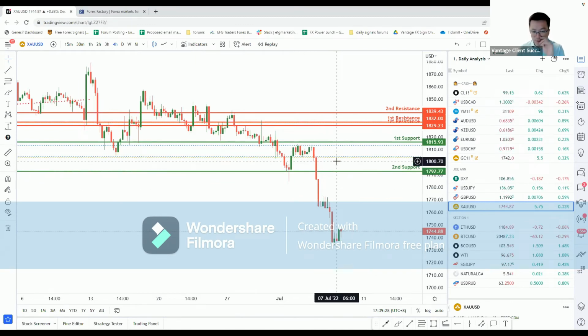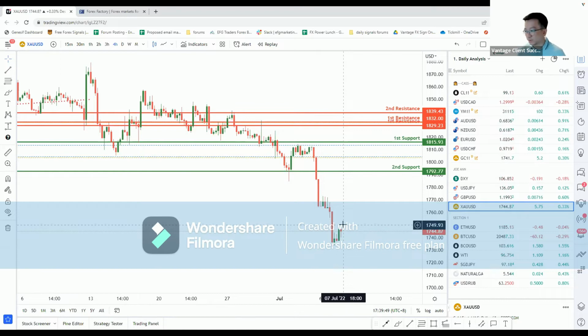1800 was a very key support level, together with this 1792 level. What I've actually seen was that it broke all the way below those, and it tested 1736 before now sitting within this range of 1736 and 1750.